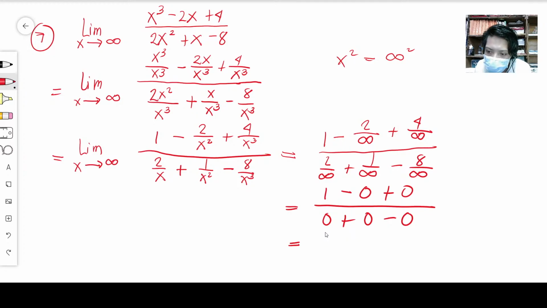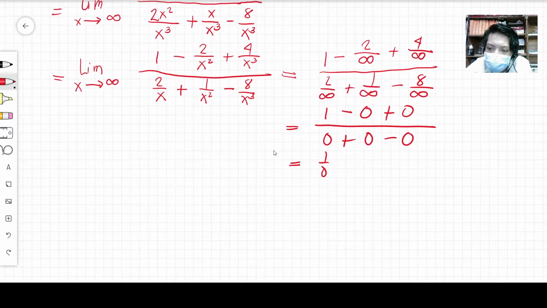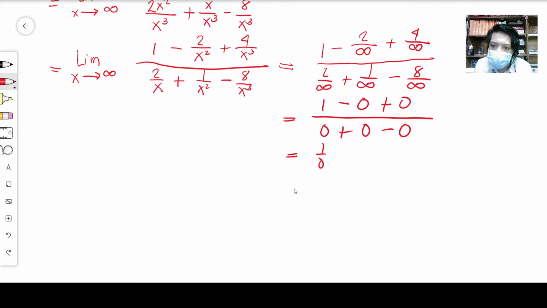This is equal to 1 over 0, which is undefined. So the limit does not exist.